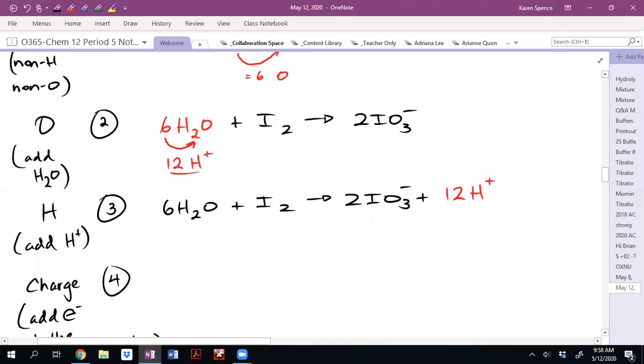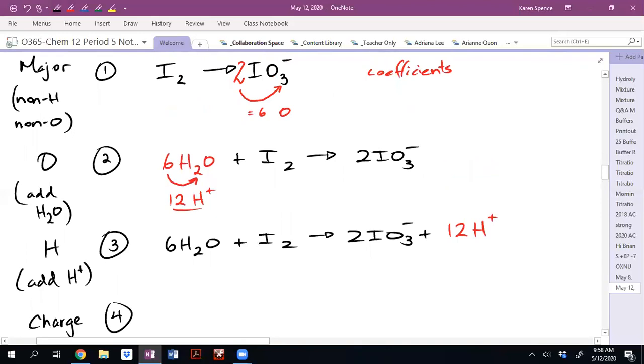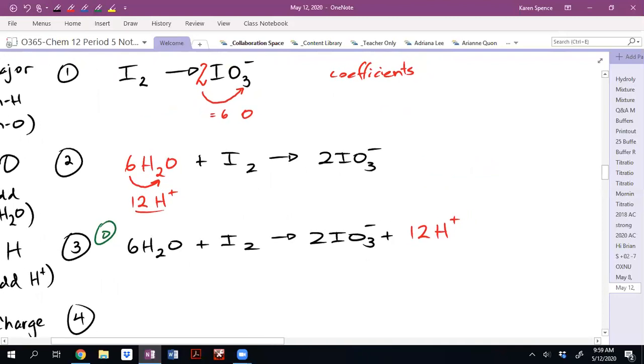Okay, so let's figure out what our charge is here. We have on the left-hand side a charge of 0, because water has nothing and I2 has nothing. Over on my right-hand side, I have 2 times -1 is -2, and I have 12 times +1 is +12.